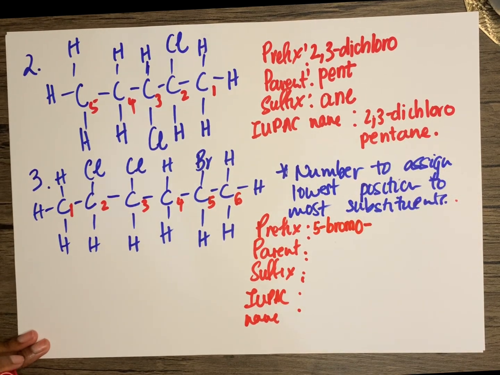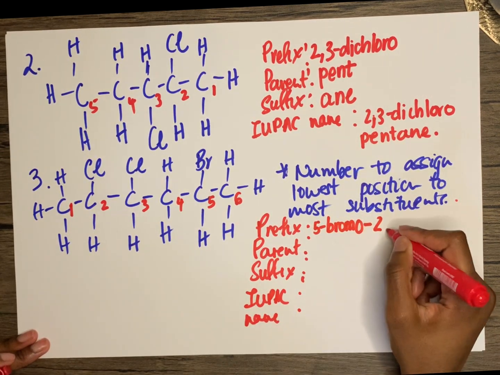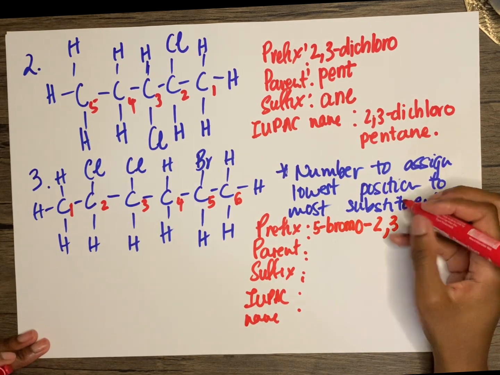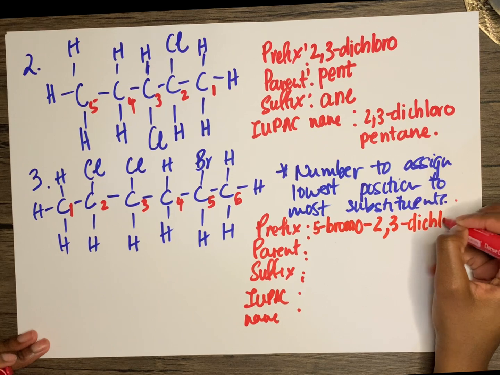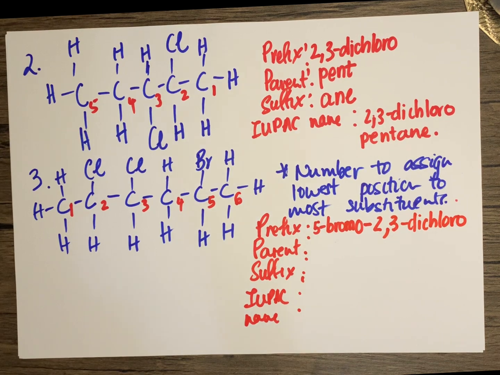I said there's a dash between a number and a letter. And then I'm going to have 2,3-dichloro. So when I'm naming, the di that I add, that indicates the fact that I have more than one chloro substituent, does not factor in to my naming when it comes to the alphabetical order. My naming in alphabetical order is only based on the names of the substituents.